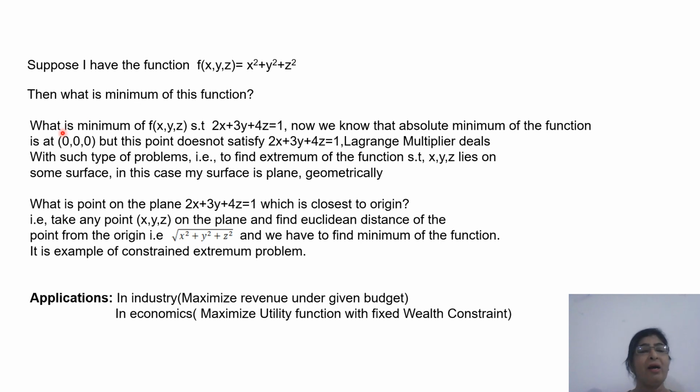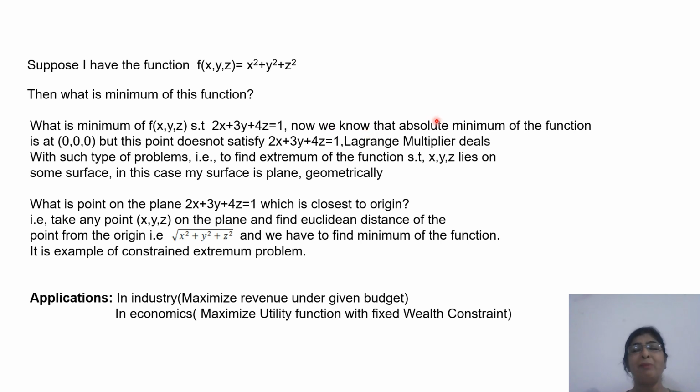Now if I want to find the minimum of the function f(x, y, z) such that 2x plus 3y plus 4z is equal to 1, this is the equation of a plane, and we have to find the minimum of this function under this constraint. Clear?